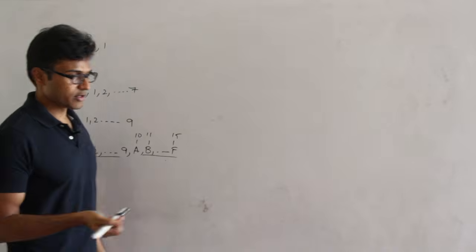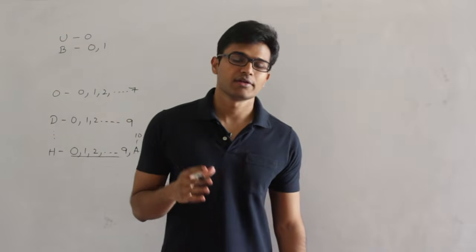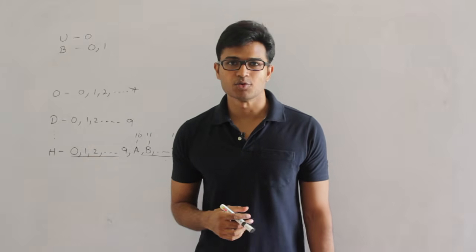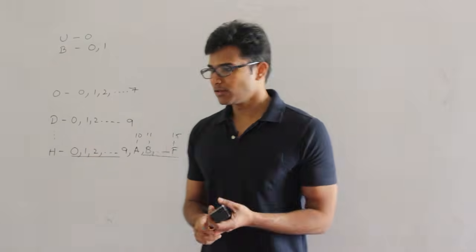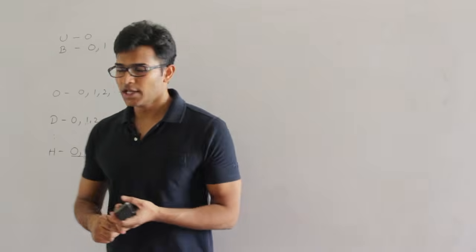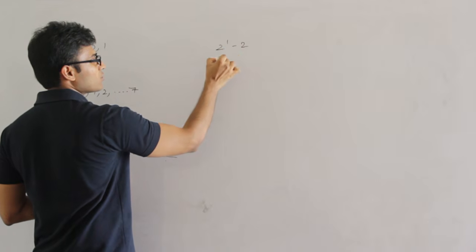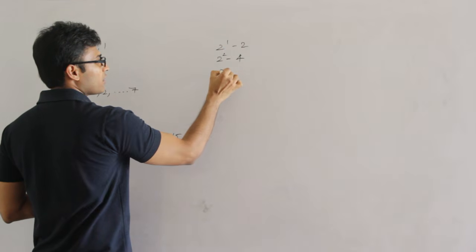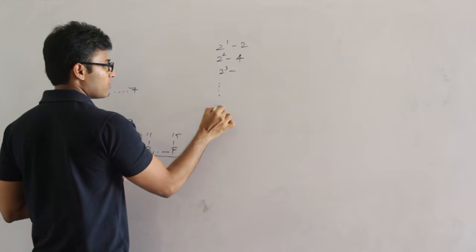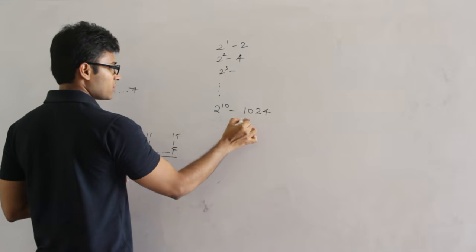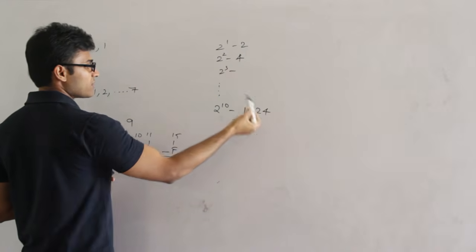So we have all these number systems, but the most popular number system coming to computer science is binary. Therefore, I'd ask you to be very good with the binary number system, especially the powers of 2. You should have a grip over these numbers. So 2 power 1, 2 power 2, 2 power 3, so on to 2 power 10. 2 power 10 is nothing but 1024, and sometimes it is also called K. K represents 1024.